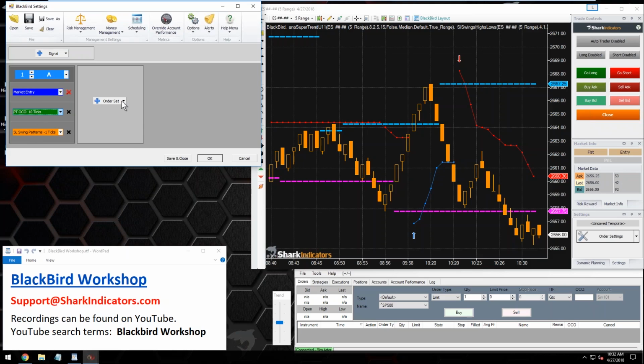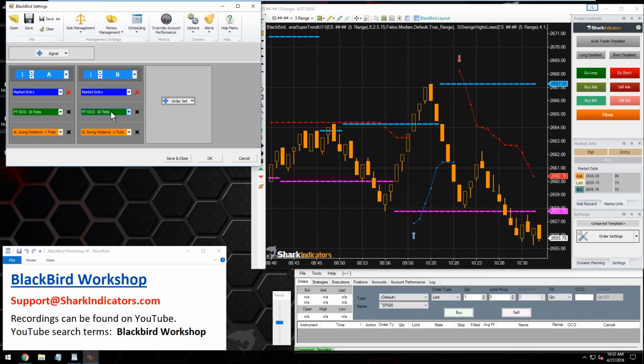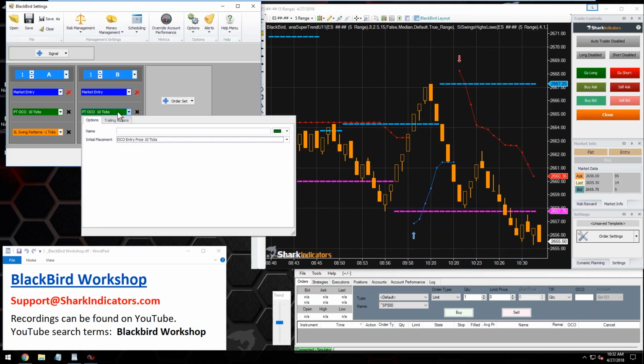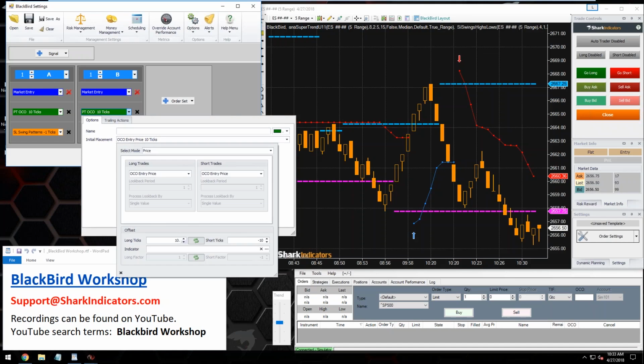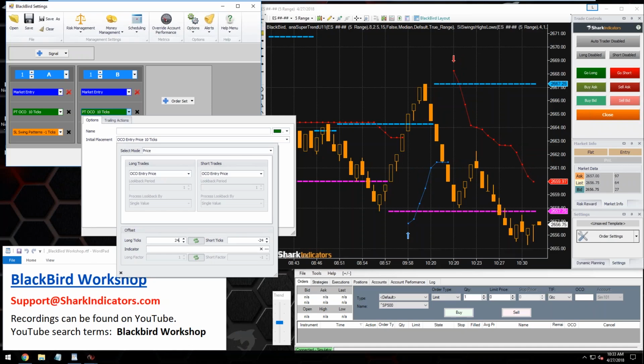So now let's create target number 2. I'm simply going to make a copy of order set A. And for target 2, that was 6 points, I'm sorry, not ticks. Target 2 is 6 points, so 24 ticks.